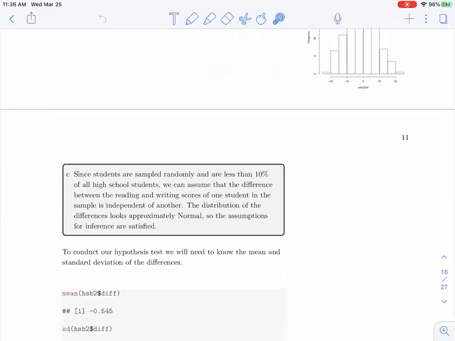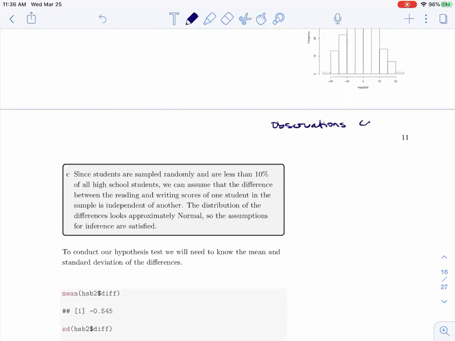One thing we haven't really talked about, and that I'll save for when we talk about proportions, is that one way to make sure we have independent observations, because that is one of the assumptions, is to make sure that our sample size is less than, and I know that's counterintuitive, 10% of the population.